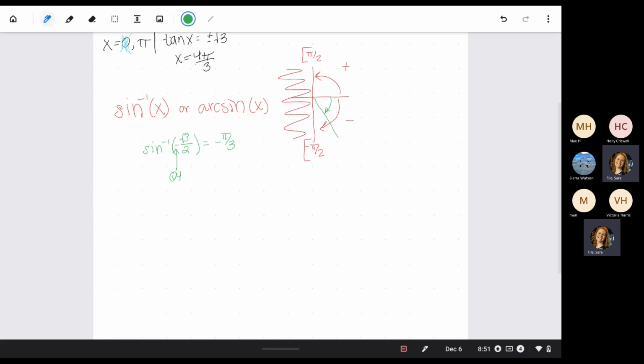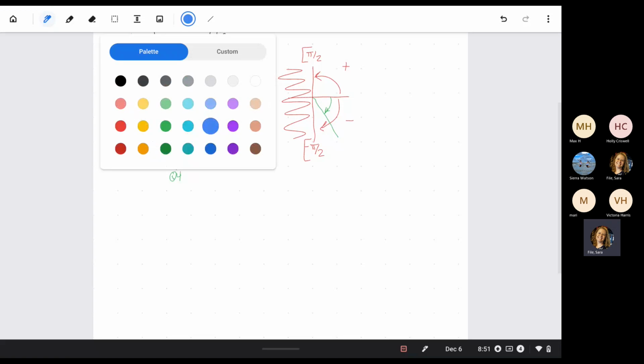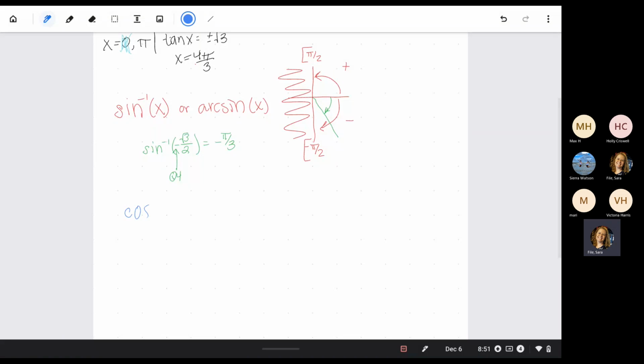Now for inverse cosine, or arc cosine, it's 0 to pi, and it's brackets on both of those as well.